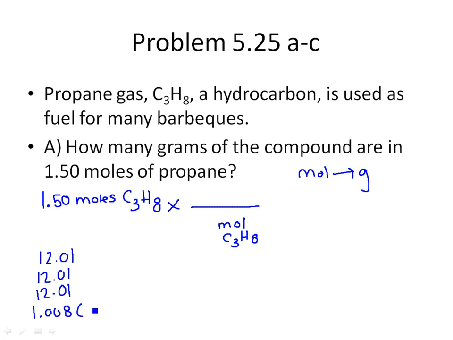And we have 8 of these, so we have to account for 8. It may be easier to take 12.01 times 3 and 1.008 times 8. Let's just walk through the math.